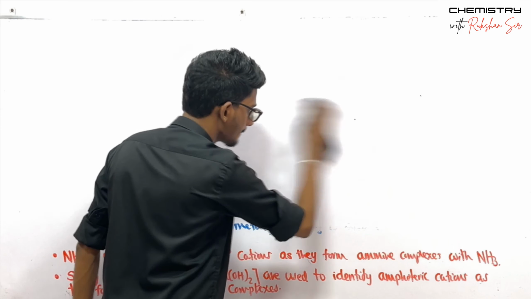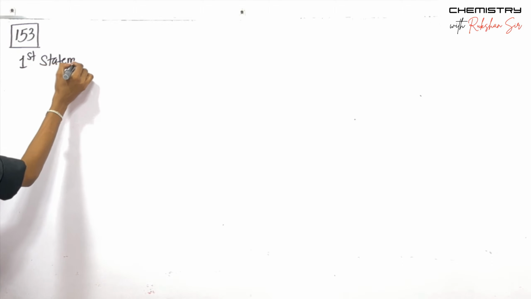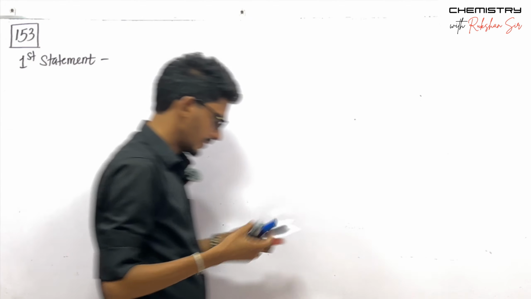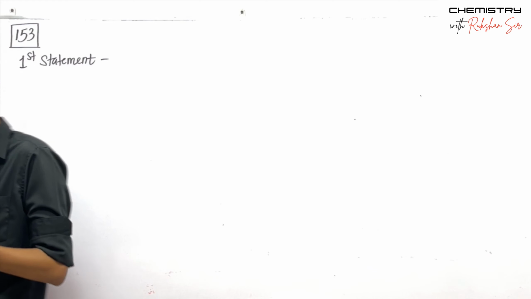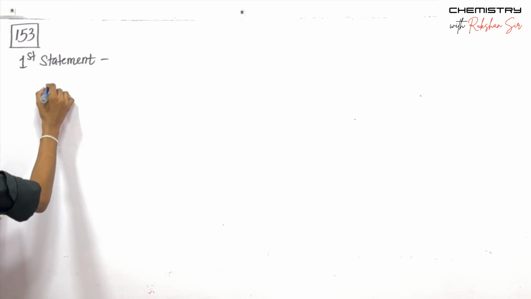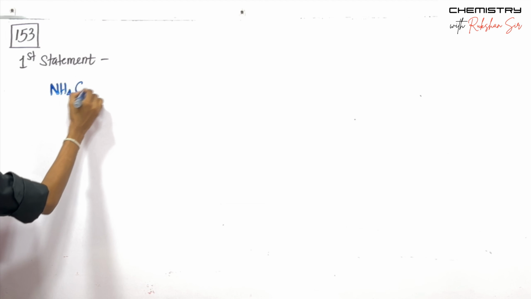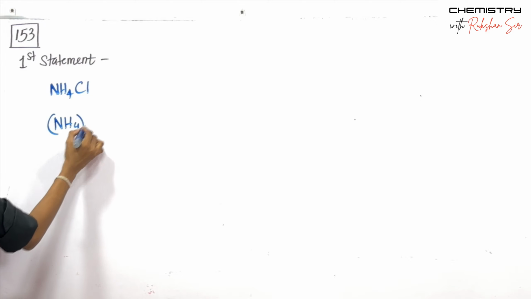So 153. See what it says. The first statement: a sample of Ba(OH)2 cannot be used to identify NH4Cl and (NH4)2SO4. So they are adding barium hydroxide to ammonium chloride as well as to ammonium sulfate.